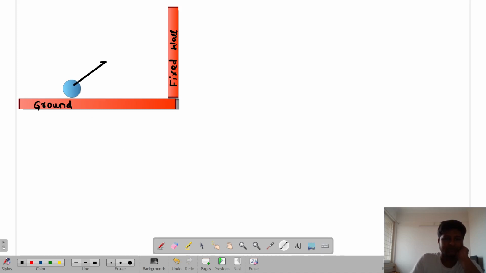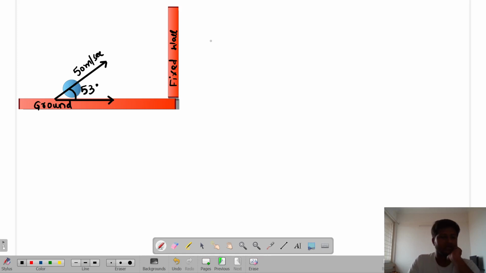Let's suppose that the velocity of the ball is 50 meter per second, and the angle it is making right now with the horizontal ground is exactly 53 degrees.